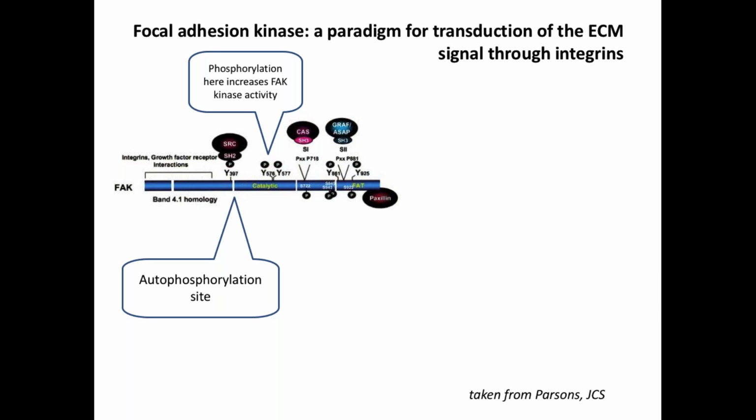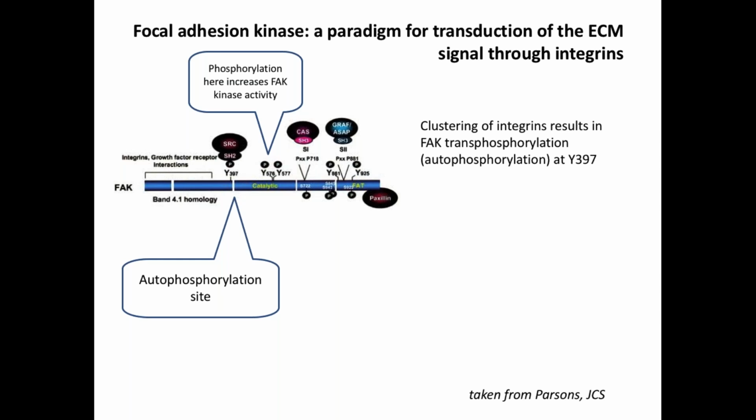What happens when integrins get clustered is that the associated FAKs, since FAKs bind to integrins, come close to each other, and one FAK will phosphorylate the other, and the other will phosphorylate back. You get what's called transphosphorylation or autophosphorylation at this site, okay? So now you go from a tyrosine to a phosphotyrosine, and you form a binding site for an SH2 domain.